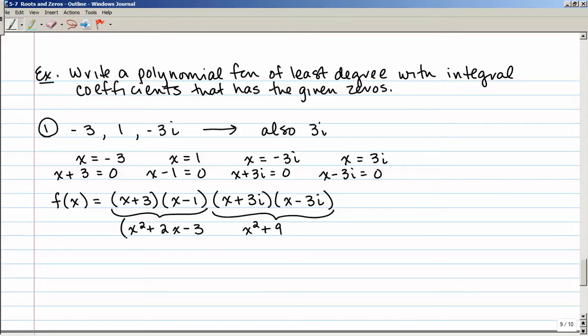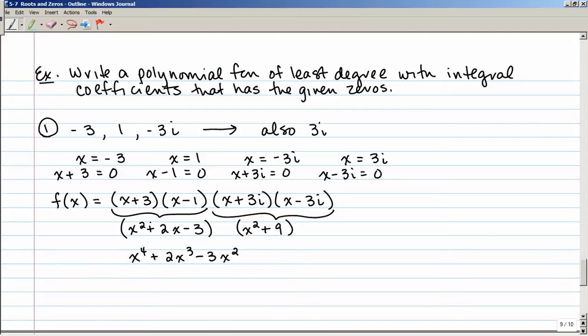So now I have these two factors that I need to multiply out. I think I'll start by taking this x squared and multiplying it by each term of this trinomial. So that's x to the 4th plus 2x cubed minus 3x squared.